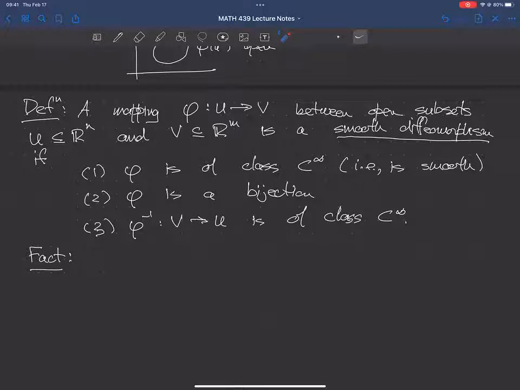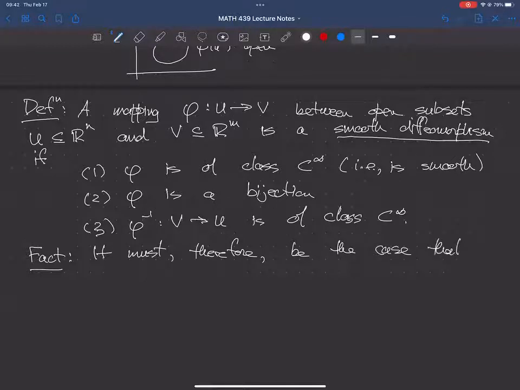So it's not hard to believe that it must necessarily be the case that n is equal to m. In the C0 case for continuous mappings, that's actually not easy to prove. It's easier to prove in the C1 or certainly in the C infinity case. But in any case, I'm just going to say it must therefore be the case that n equals m.